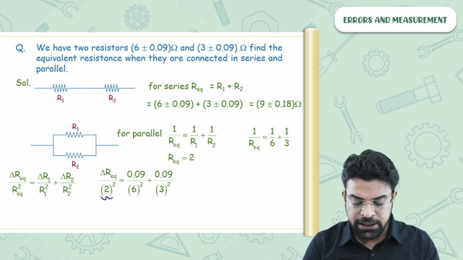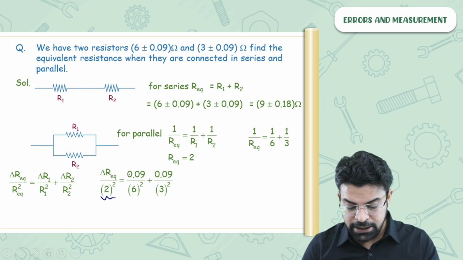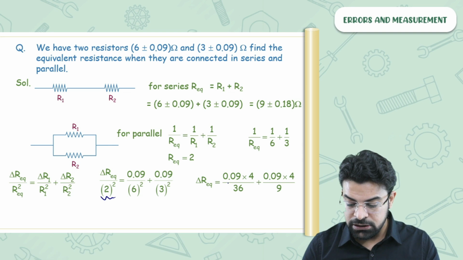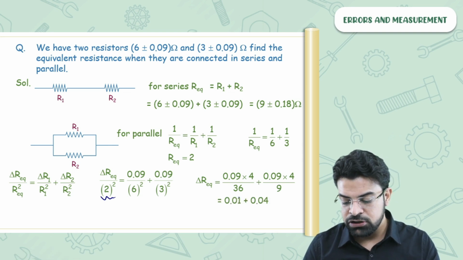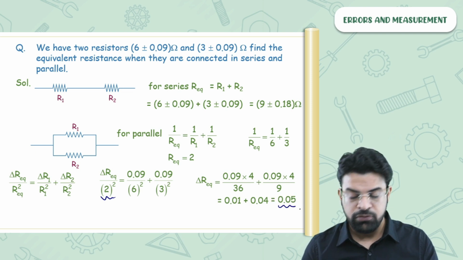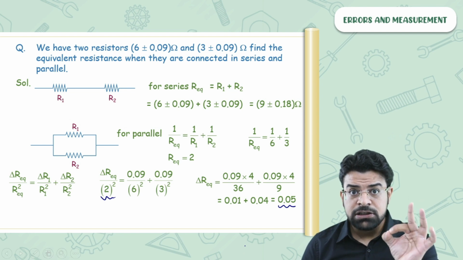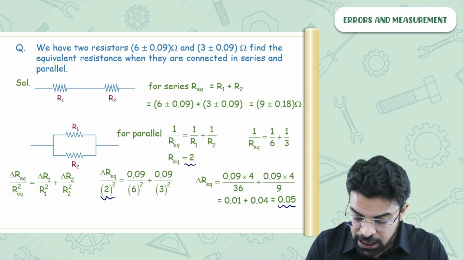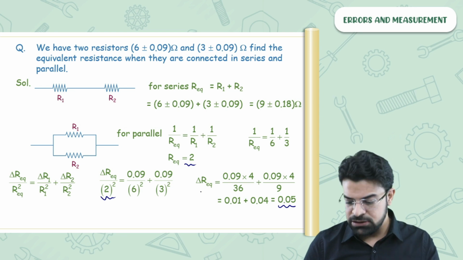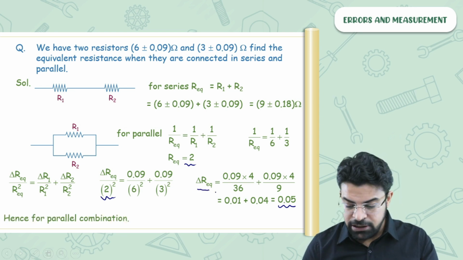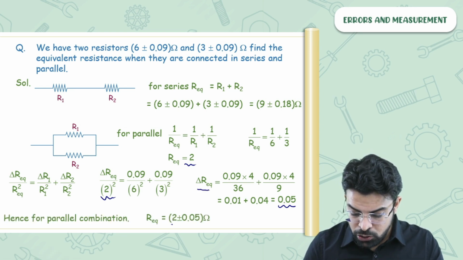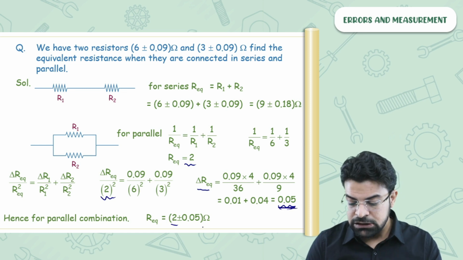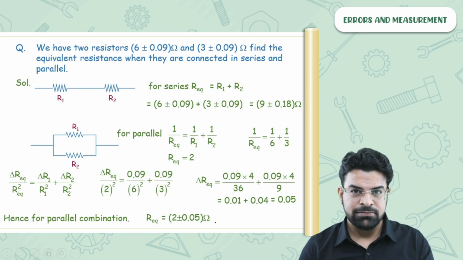Multiplying this 2 square on both sides and solving, you get that delta R equivalent is 0.09 into 4 by 36 plus 0.09 into 4 by 9, which on solving gives 0.01 plus 0.04, which is 0.05. So the final answer should be reported as R equivalent plus minus delta R equivalent. So that will be 2 plus minus 0.05. Easy.